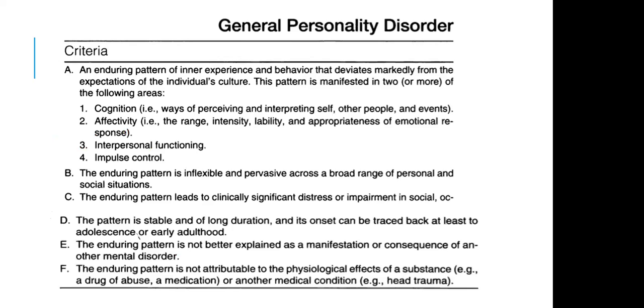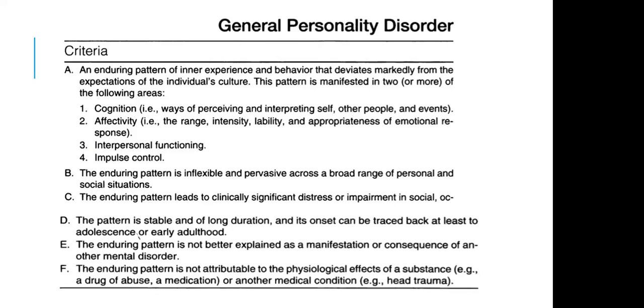So the definition that I already explained before is taken from Kaplan and Sadock, which is referred from DSM-5. So DSM-5 has introduced a general set of criteria for personality disorder, the same as the definition earlier. If present, the clinician should determine which of the 10 specific disorders that we will discuss later matches the patient's condition.